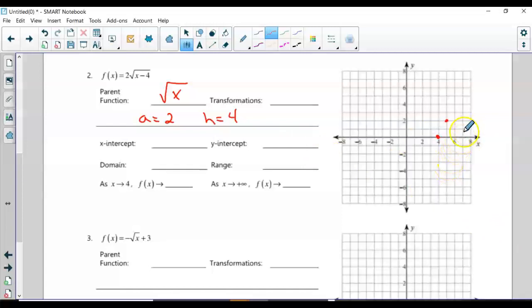All right, so now let's see. If we go 4 spaces, that's going to put us at 8. That would have given us 2, and 2 times 2 would give us 4 up there.